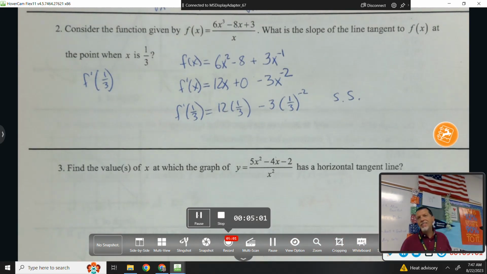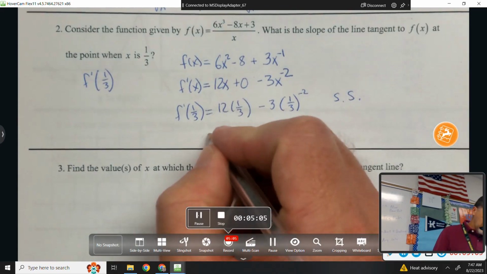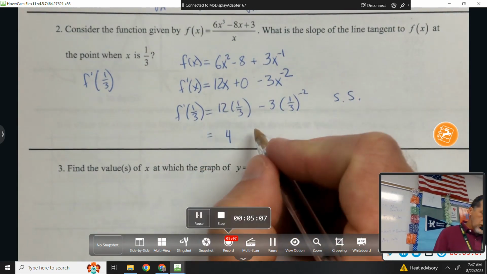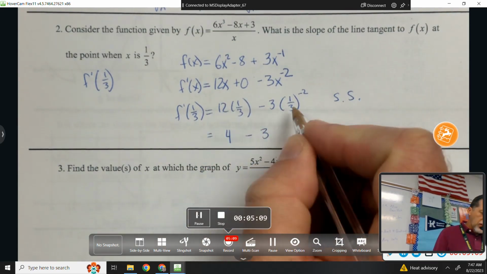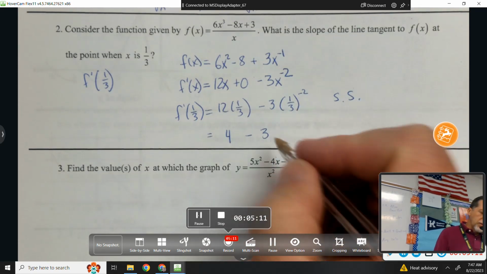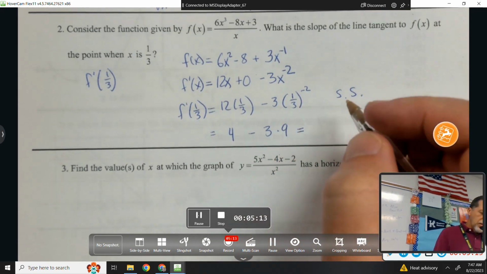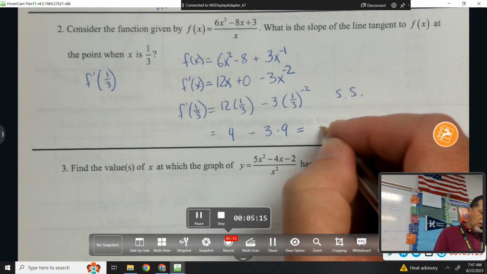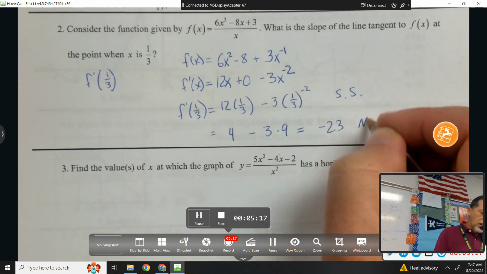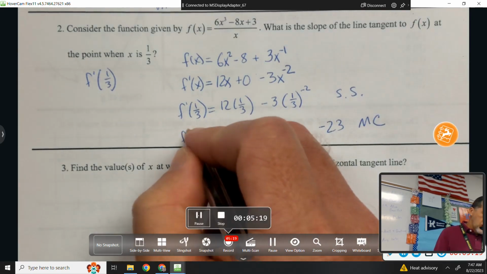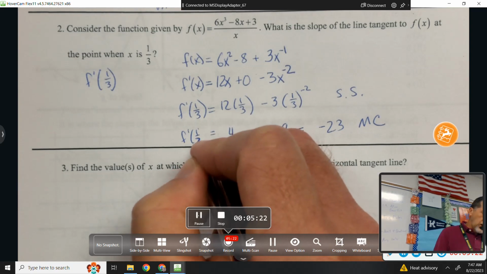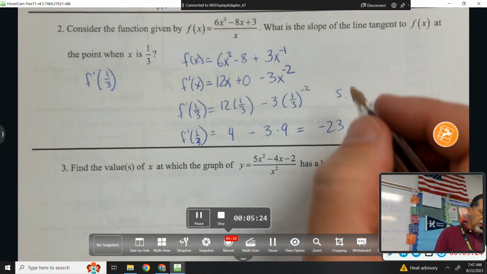The key or the answer, the test, multiple choice would definitely not leave it like that. 4 minus, if I square the 3 and flip it over, it's 9. 4 minus 27 is negative 23. So I almost said negative 23 is the better answer. That's not true.